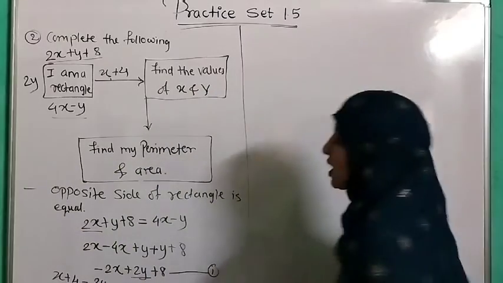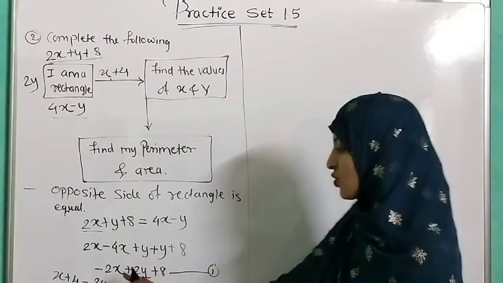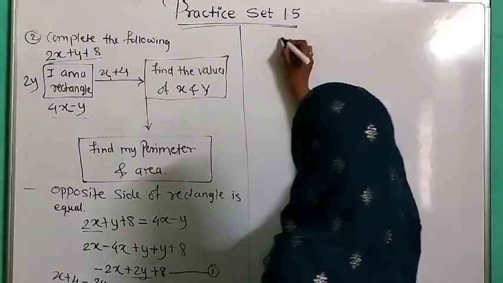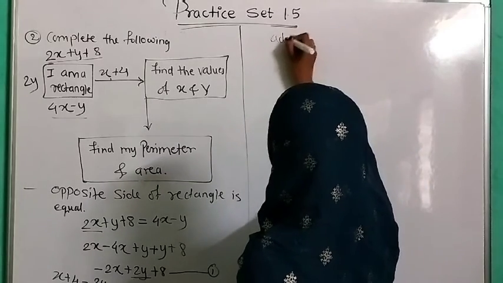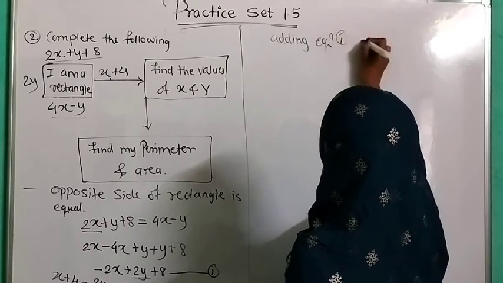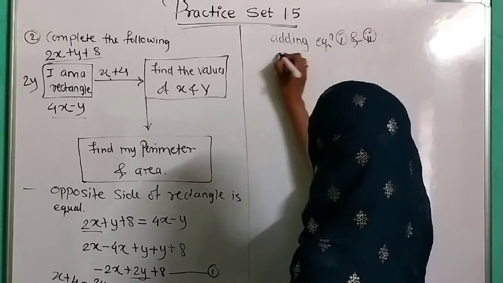Because we are using the elimination method, we are going to eliminate the term of y. So what are we going to do here? Adding equation 1 and 2. Then what are we going to get?